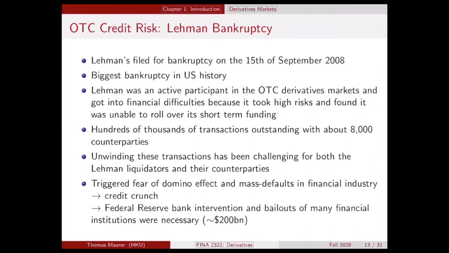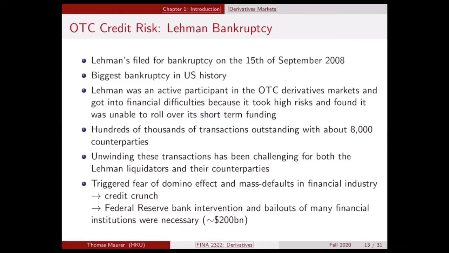So because of these fears of this domino effect and many potential more defaults of big financial institutions, no one actually wanted to lend to other financial institutions anymore. And that's what we call the credit crunch, okay?